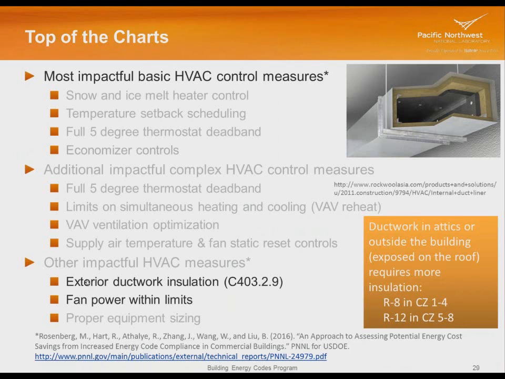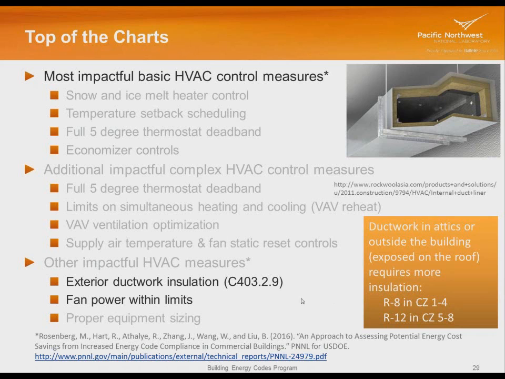I know there's a lot of information in that topic, and maybe that's a good item for further training. Exterior ductwork insulation. Now, this item is important because if it's totally missing, if you've got a nice ductwork running out on the roof or running in the attic, and someone left the insulation out completely, that is exposed to either hot conditions in the summer or cold conditions in the winter.